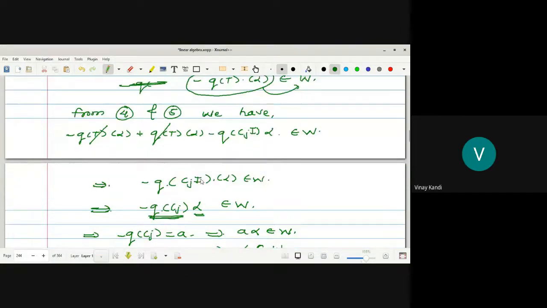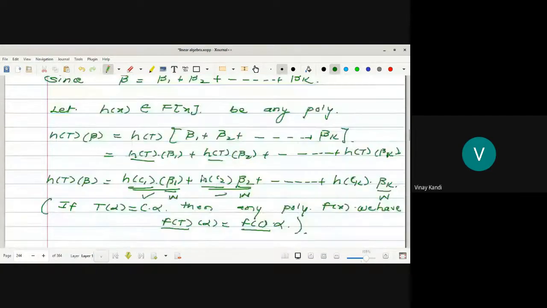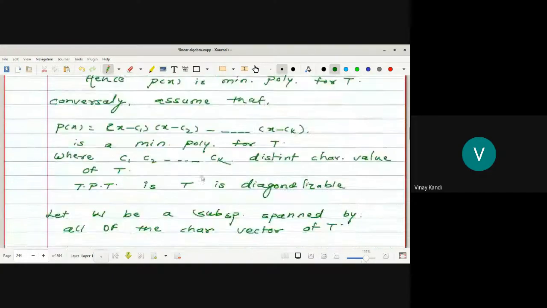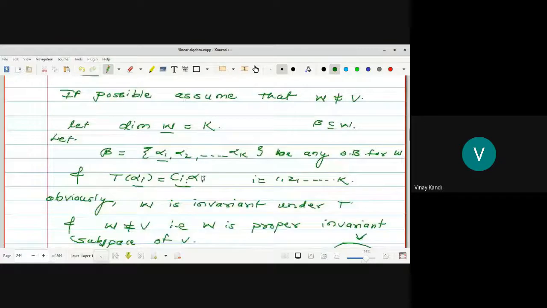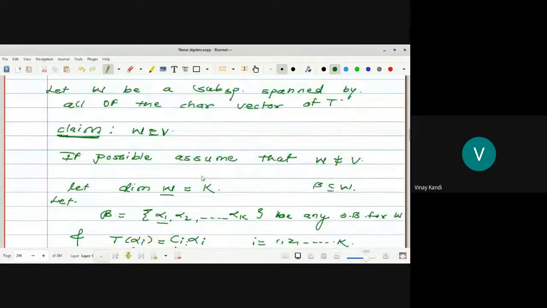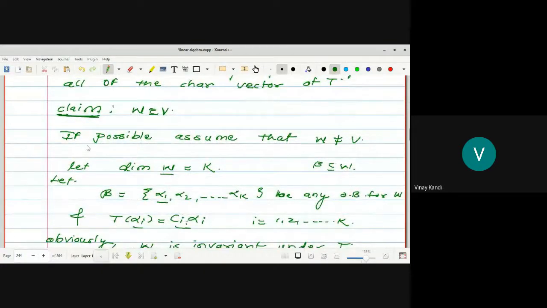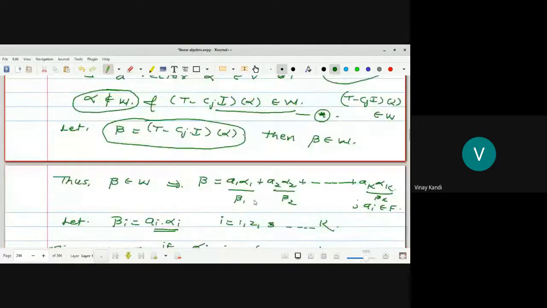Because of our wrong assumption. What is the assumption? Suppose, if possible, W is not equal to V. By this wrong assumption we get the contradiction. So this statement is wrong. Hence W must be equal to V, and K must be equal to N.